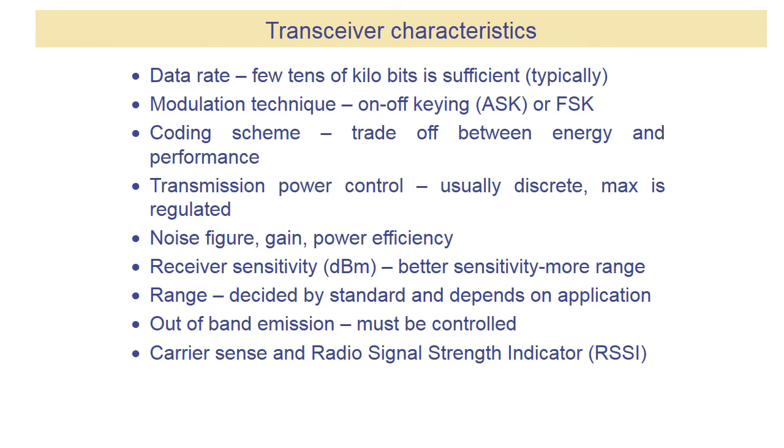And for supporting the protocol, there is the necessity of sensing the carrier and indicating the radio signal strength with the help of RSSI. So these are the characteristics of a typical transceiver that we will discuss during this lecture.